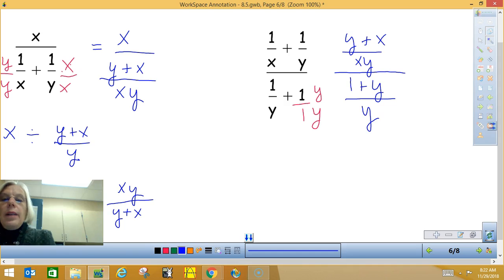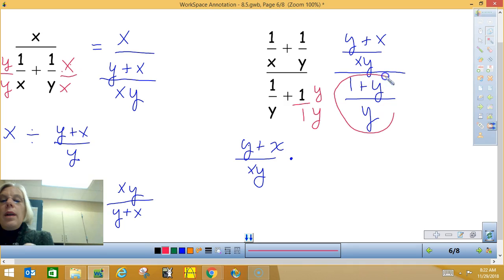When we divide, so I have y plus x over xy, we multiply by the reciprocal of the ratio after the division sign. So I'm going to multiply by y over 1 plus y, the reciprocal.